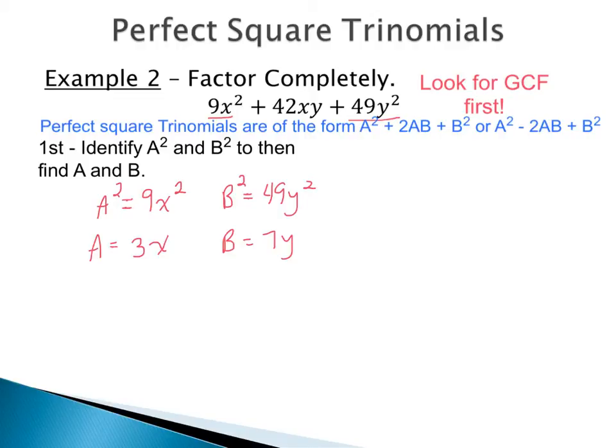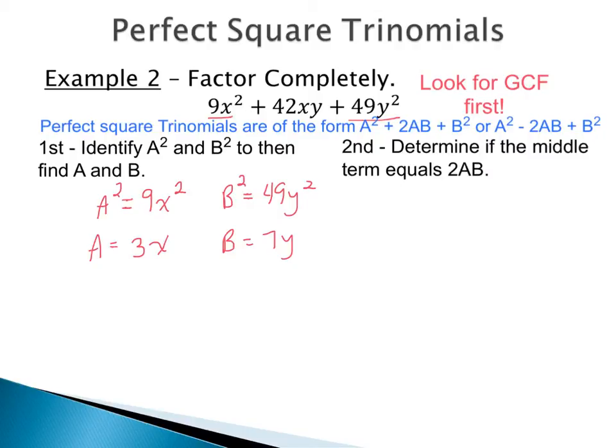Next, we want to determine if the middle term gives us that form of 2ab. So the question is, if our middle term, which is 42xy, is this equal to 2ab? If it is, then we have a perfect square trinomial. If it's not, then we don't. So we just want to figure that out.